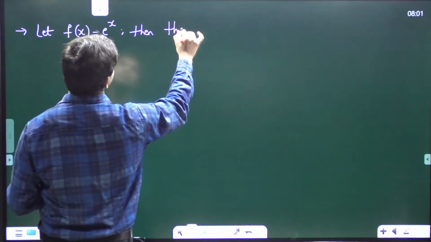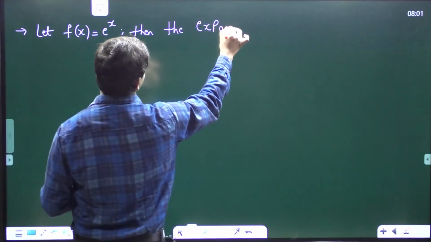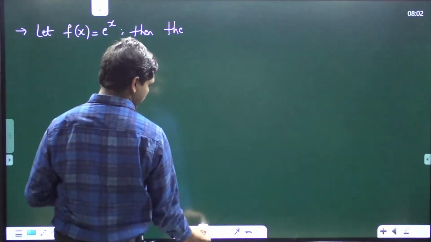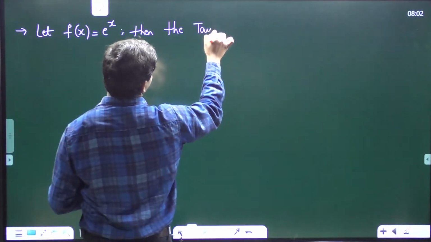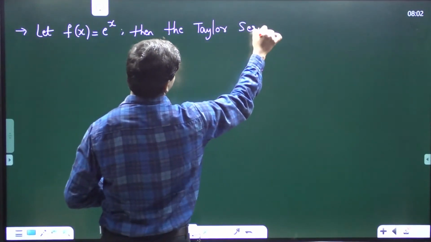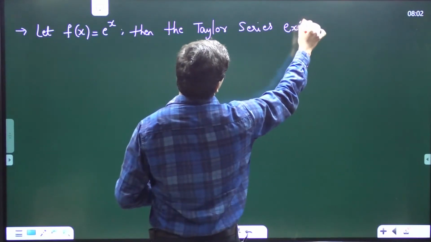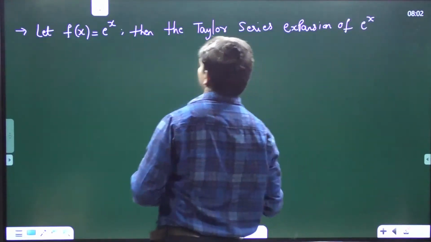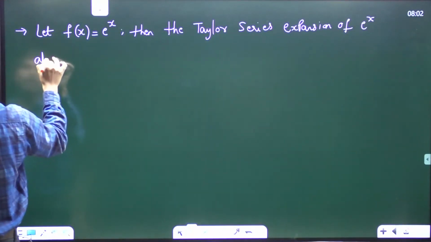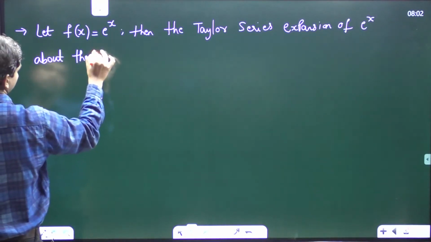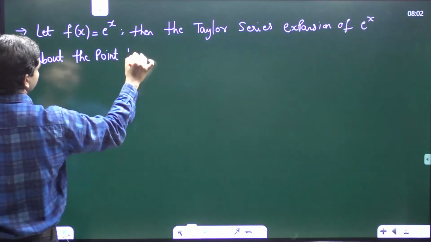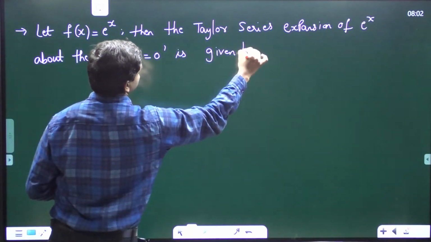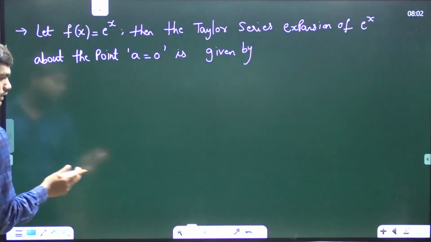Then the Taylor series expansion of e power x about the point a is equal to 0 is given by, look here.